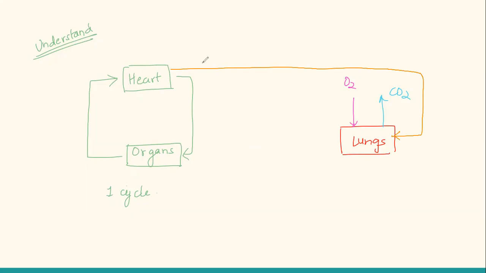If you can draw it closer or anything, please go ahead. I'm just trying to make it based on what I know, so it might not be very neat and tidy. And from the lungs, it is going back. So this is your second cycle. Because there are these two cycles which are happening, it is called double circulation.